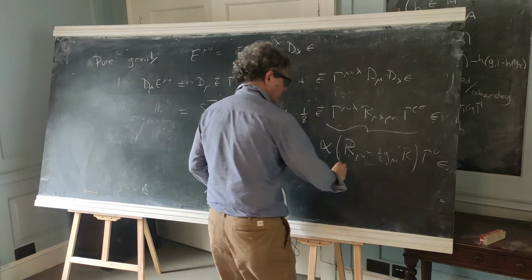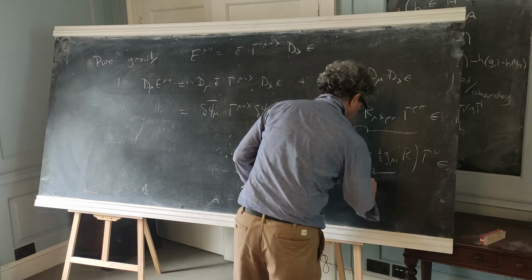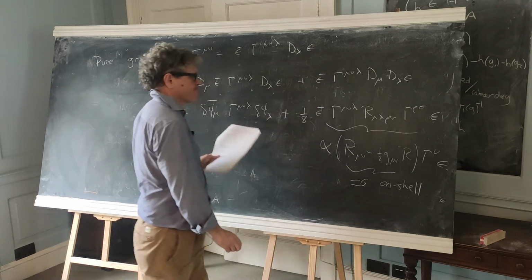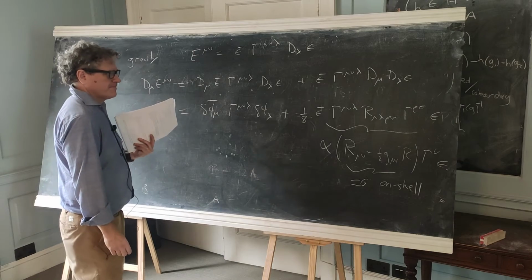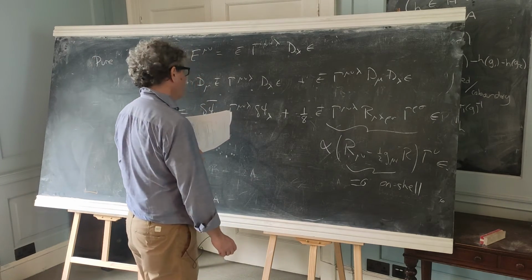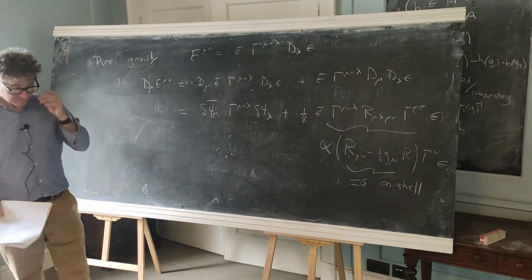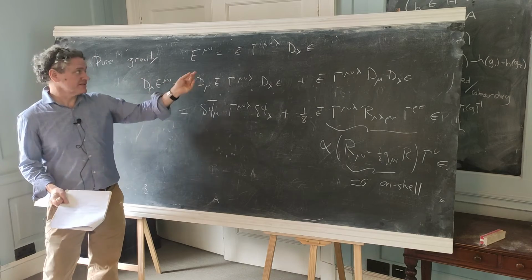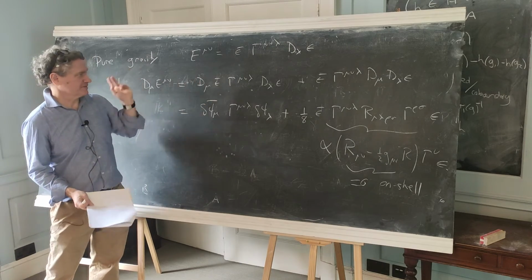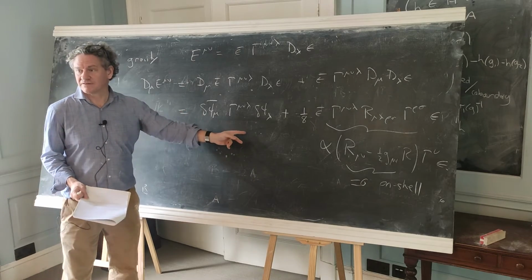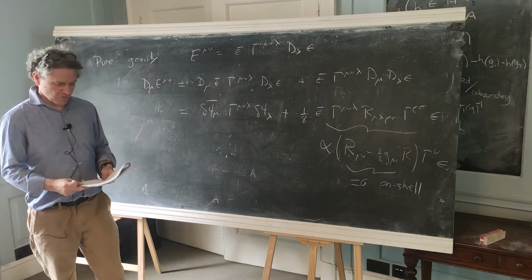So it is indeed 0 on shell. Okay. So that's how it works for pure gravity, at least. This thing, the Nester tensor, satisfies the magical property that on shell, D^μ E_μν is this. Right? Why is that useful?